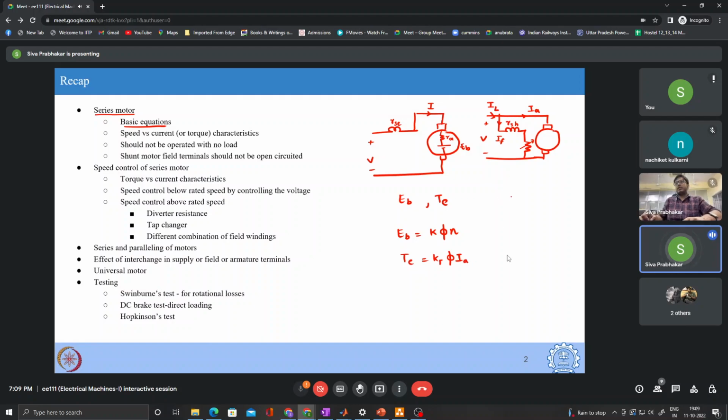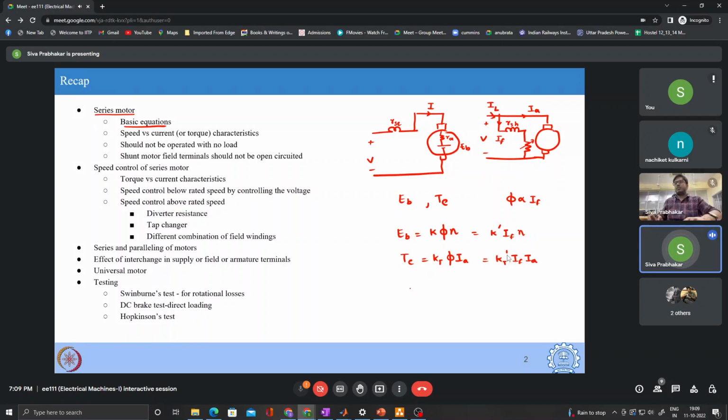If it is mentioned that the flux is not saturating, then we can assume that the flux is proportional to the field current IF. In that case, we can denote this expression as another constant K dash into IF into N, and similarly the torque as Kt dash into IF into Ia.